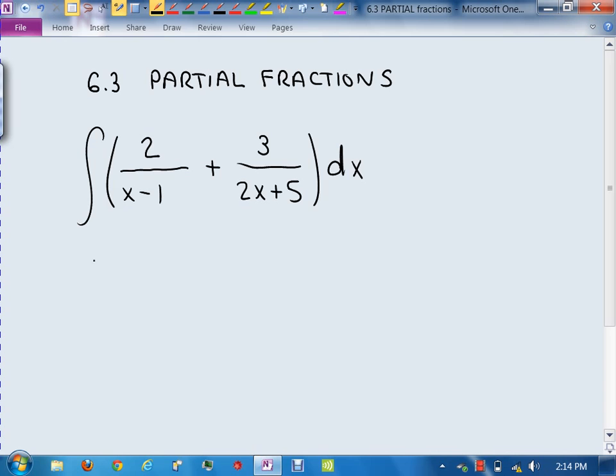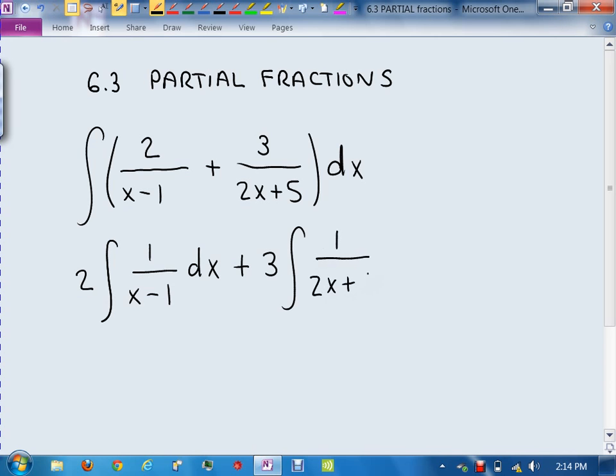I can break this into two integrals, can I? So my first integral, I can factor a 2 out. I can put 1 over x minus 1 dx. The second integral, I can factor a 3 out, and I can say 1 over 2x plus 5 dx. Agreed? Let's break that into two integrals.